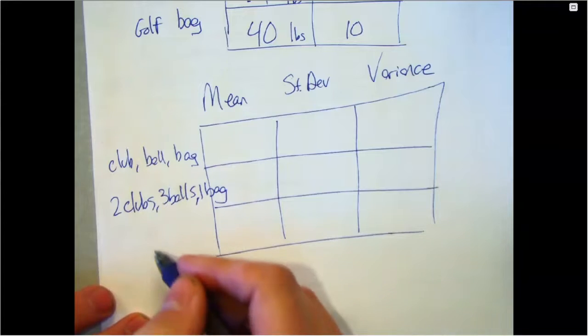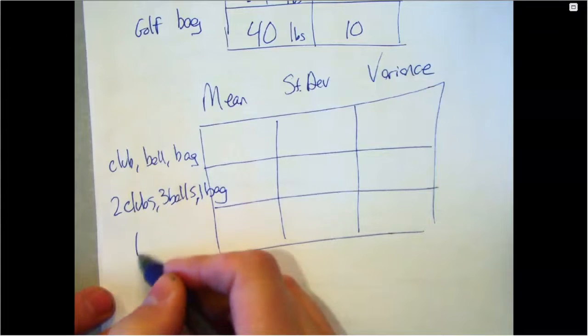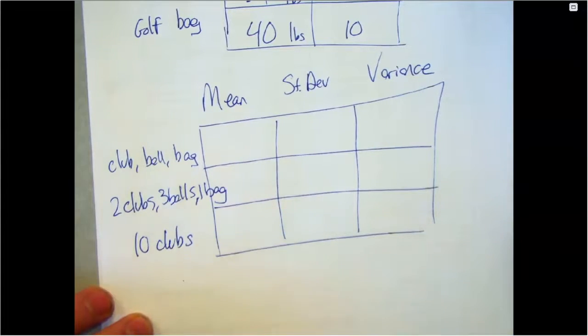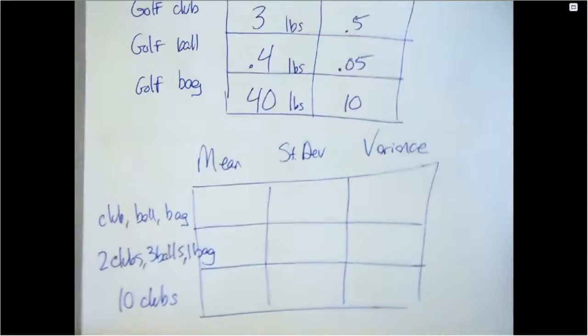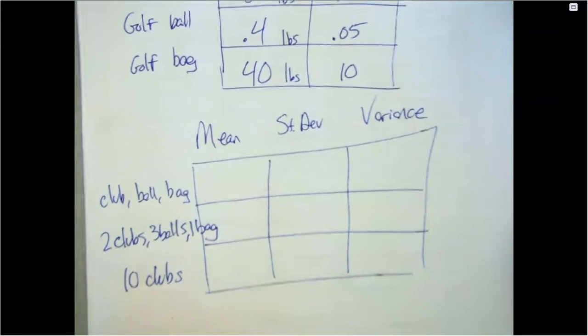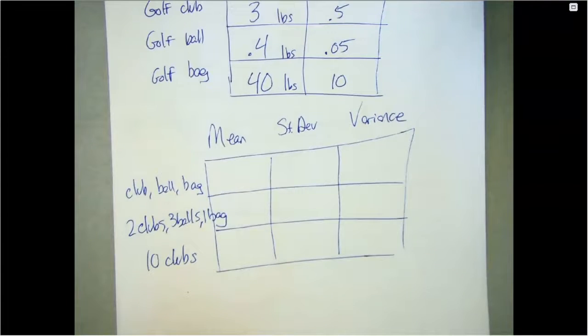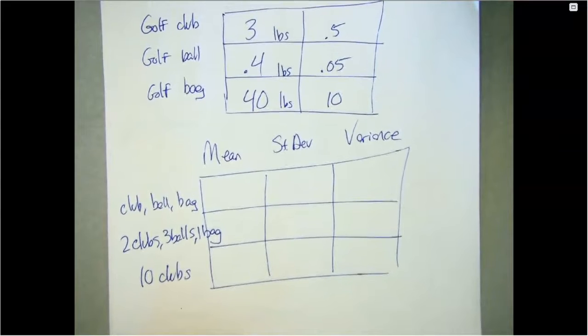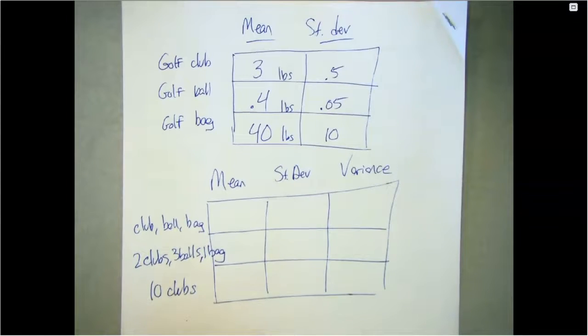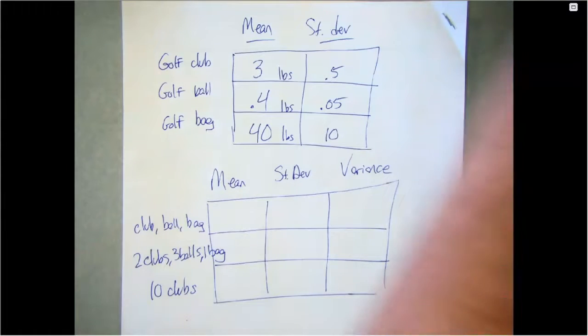Or let's say we got 10 clubs. Try that one. Similar to the last one. So if you didn't feel super comfortable, this might be hard as well. But hopefully after I go through this, it'll help. And then we'll definitely practice more tomorrow as well.